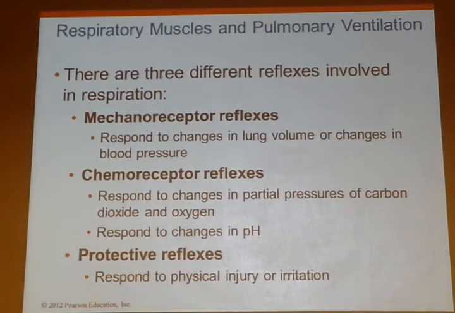That can be measured by our chemoreceptors. We told you about the breaker switch, this mechanoreceptor to prevent injury to your lung. We also have other sensors in there for pathogens that will initiate coughing, or in the upper respiratory tract sneezing, that will be protective. So those are protective reflexes.